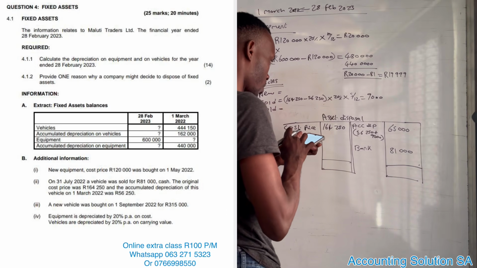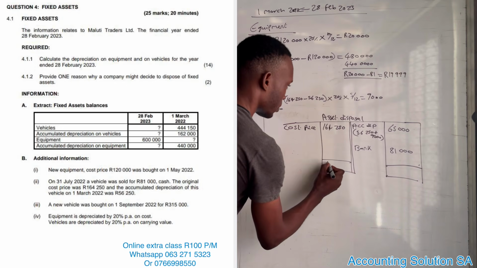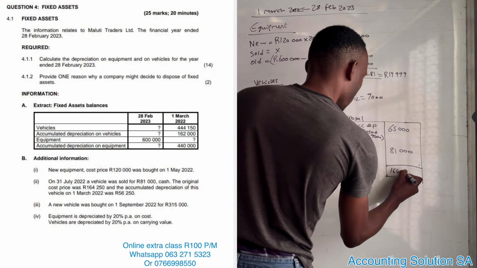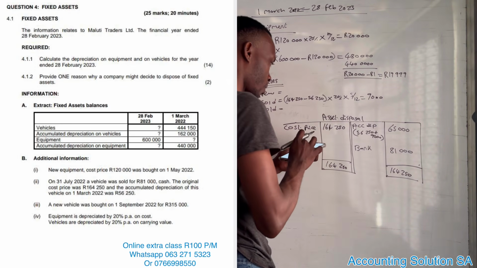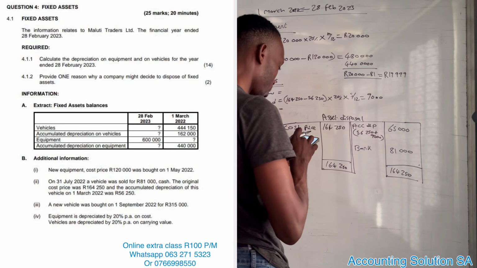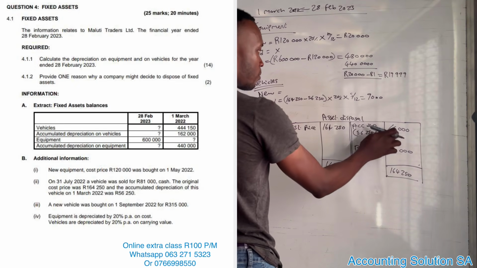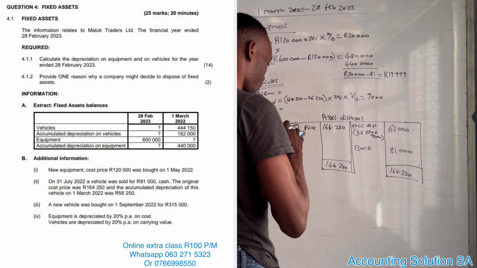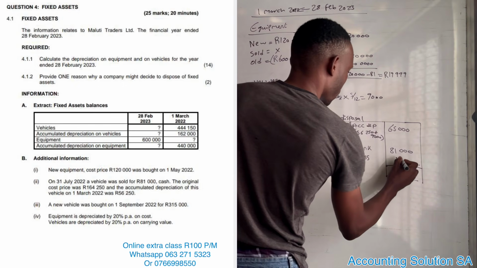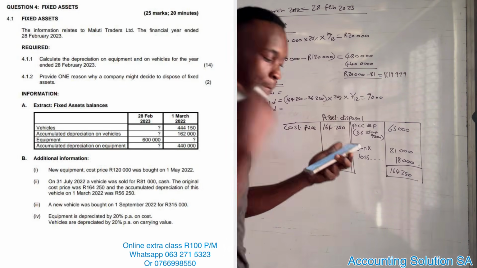Plus 81,000 is 146,250, which means the higher one is this one, 164,250, and you subtract everything on this side. 164 minus 81 minus 65. We have a loss of 18,000. Loss on sale of assets. If it was on this side, it would have been a profit.